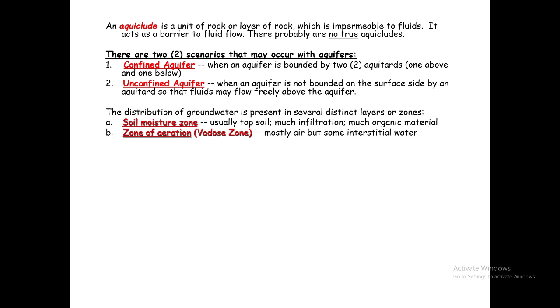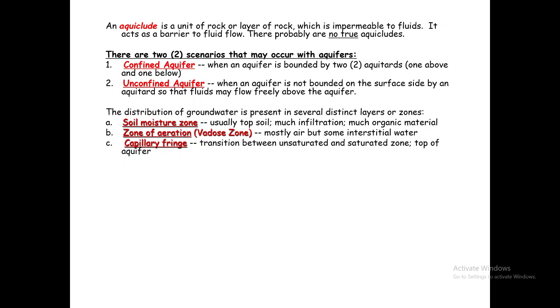So this is the distribution of groundwater in different zones. We have soil moisture zone, usually the top layer. Then we have zone of aeration, vadose zone, capillary fringe, which is a transition between the saturated and unsaturated zone.